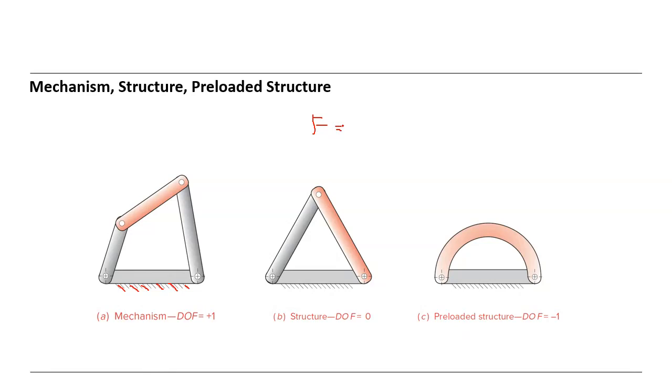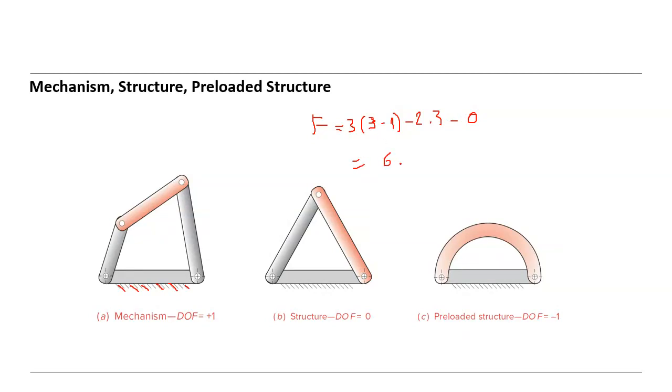F is equal 3 times the number of members, links 1, 2, 3, minus 1, minus 2 times, how many primary joints do we have? 3. 1, 2, 3. 2 times 3, and here we have 0, and it is equal 6.